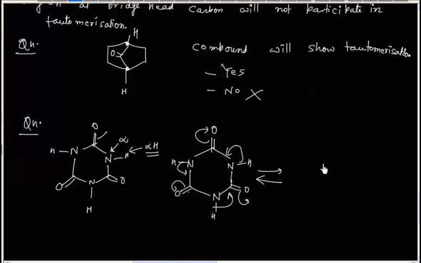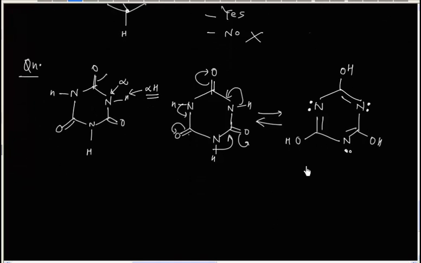So if I follow the arrow, we will have nitrogen, nitrogen, and here we have OH group, OH group, OH group. Nitrogen will have a lone pair of electrons. So this is the tautomer of this compound.